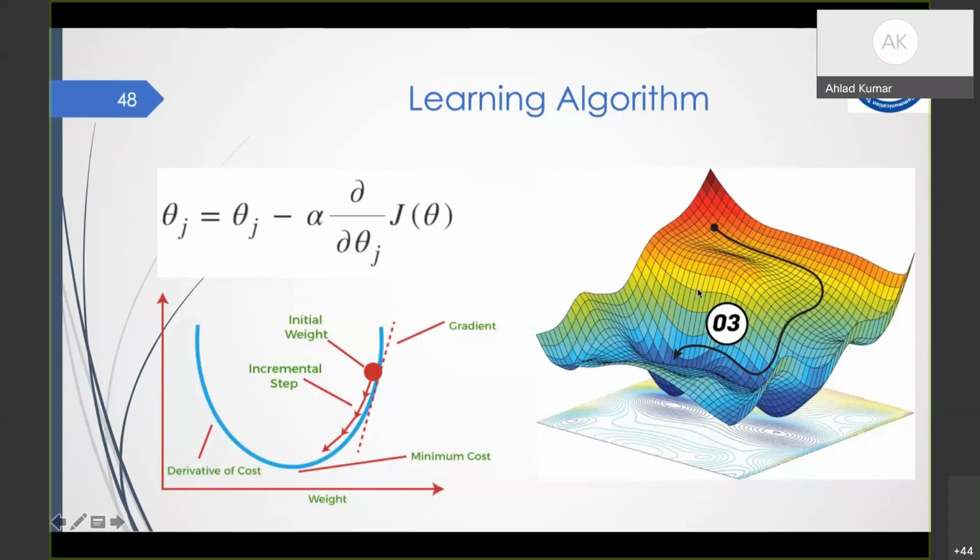Here you can see, if you are at this point, then in order to go to the minima of this cost function, you have to perform gradient descent, which is one of the fundamental techniques of optimization, though you can use any advanced techniques also, like stochastic gradient descent or the Adam optimizer. There are tons of optimization algorithms which you can use to do this downhill propagation of the points, so that you can reach the minimum of this cost function.